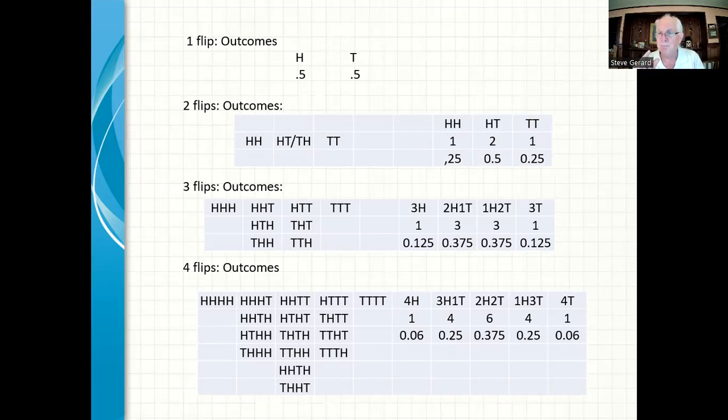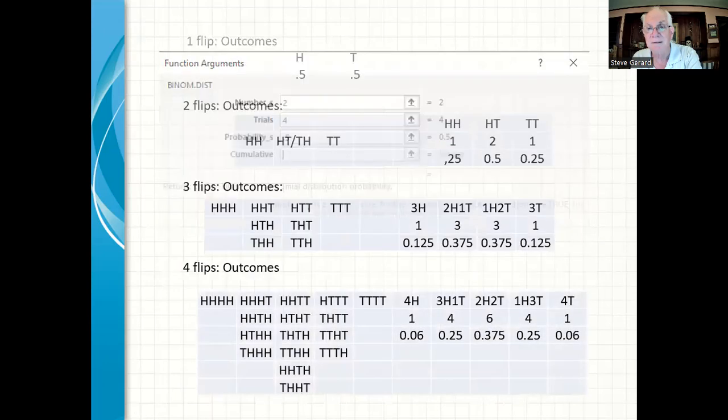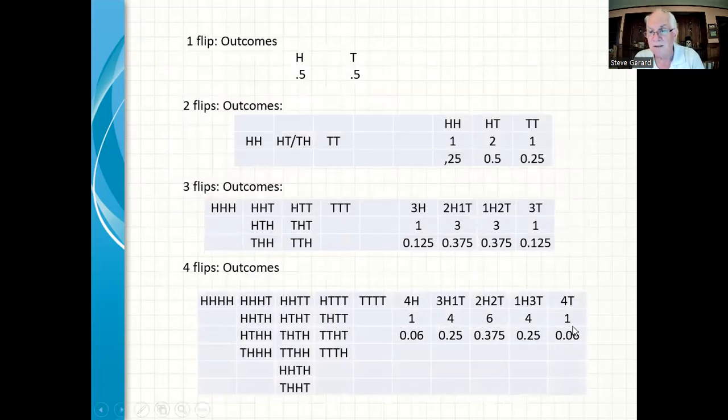That's the point probability, the probability of getting that specific point. A cumulative probability of getting up to and including 2 heads would be the, let me go back. Sorry, I got ahead of myself here. Probability of getting this one plus this one plus this one, adding up these probabilities. That gives you a cumulative probability.